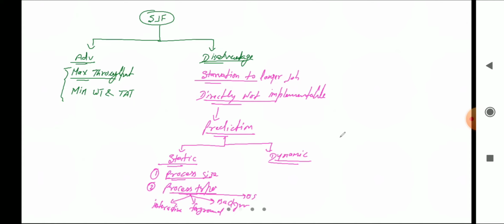Another thing, if we talk about dynamic type predictions, so here they use the simple aging concept. Simple aging concept. Another thing, that exponential aging concept. Okay, so these are just theoretical points.